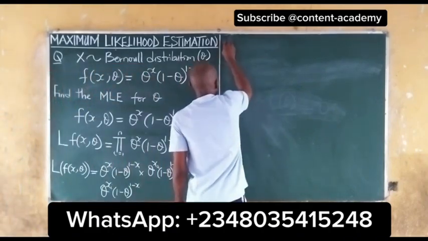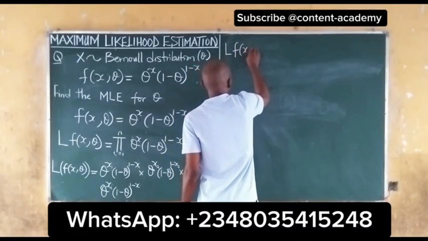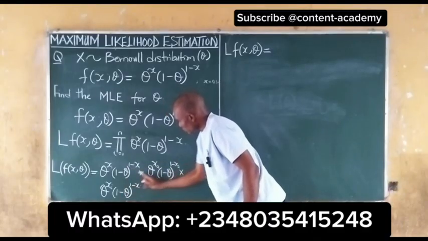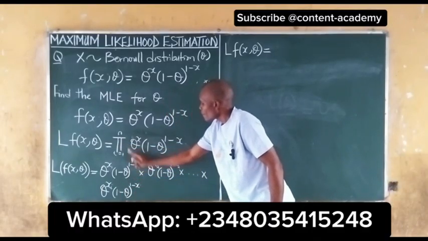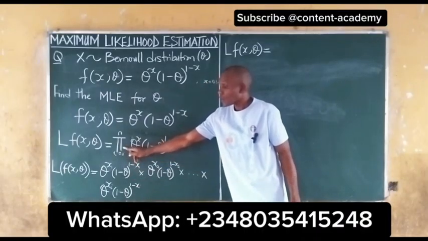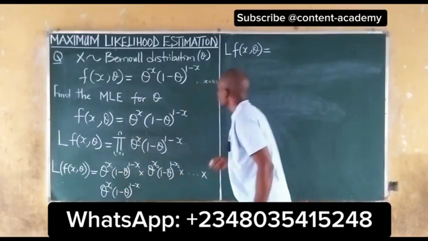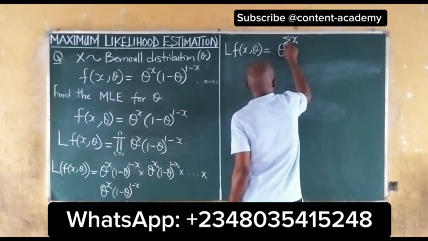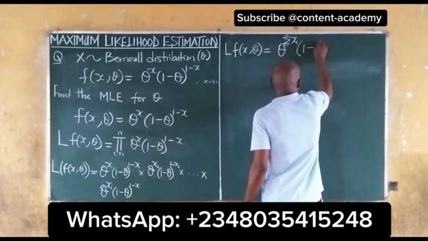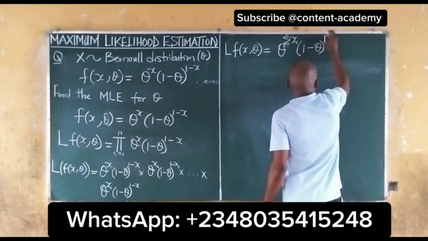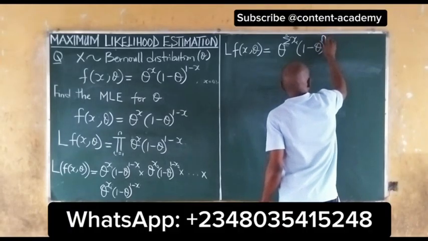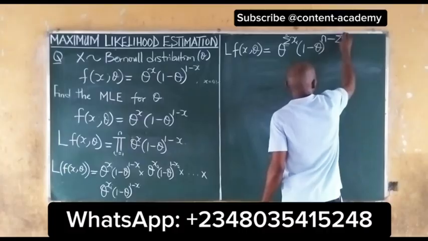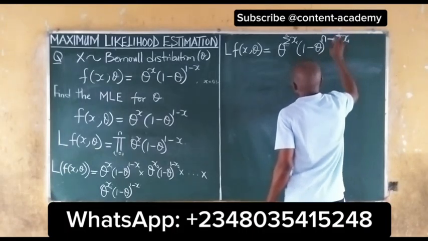It then means that our likelihood function for the given distribution, the parameter theta, can be written as theta to the summation of xi, as i goes from 1 to n, into 1 minus theta to the power n minus summation of xi, as i goes from 1 to n, because if you take the product of the constant 1, you get n.